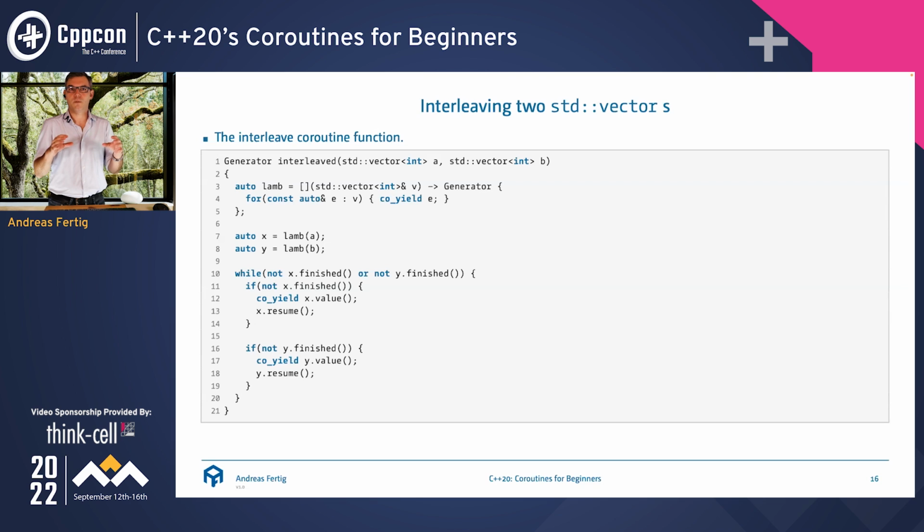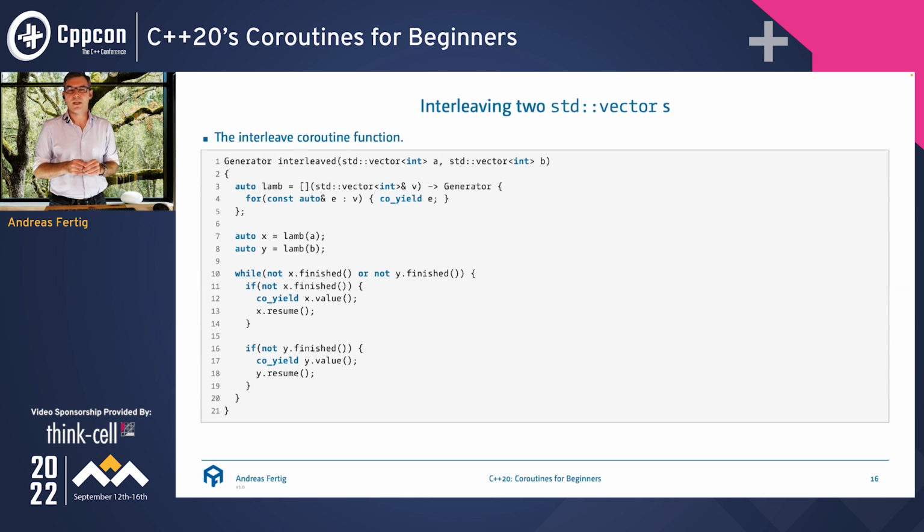I have a range-based for loop, and I'm iterating over that std::vector. And for each element, I say co_yield. So this is giving the value outside of the coroutine to our caller. Because we have a lambda here, that means we are giving the value out to the interleaved function.